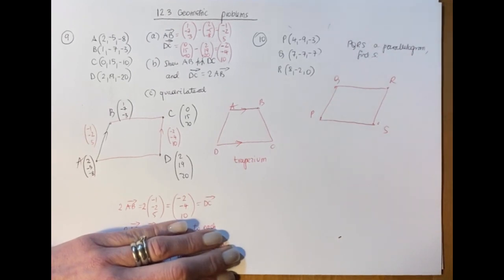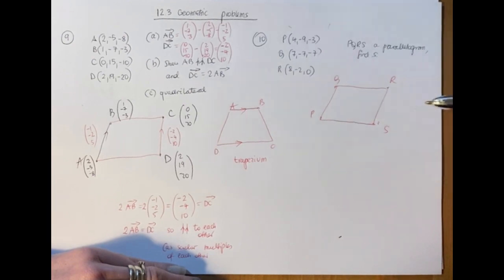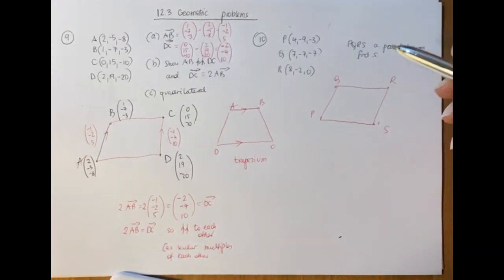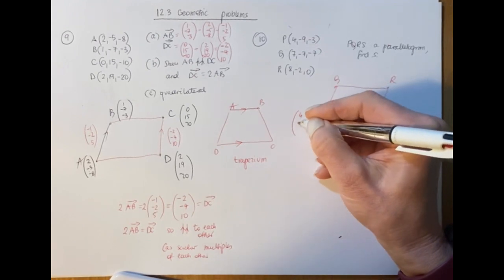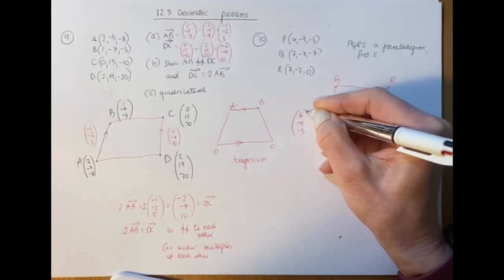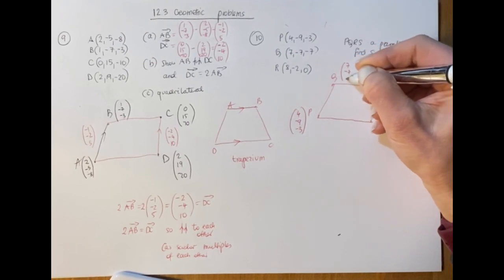So you just need to satisfy one of the conditions. Either check that they are equal in length, or show that they are parallel to each other. So you've got two ways of doing it. You don't need to check both. So P is the point with the coordinates (4, -9, -3). Q is (7, -7, -7).